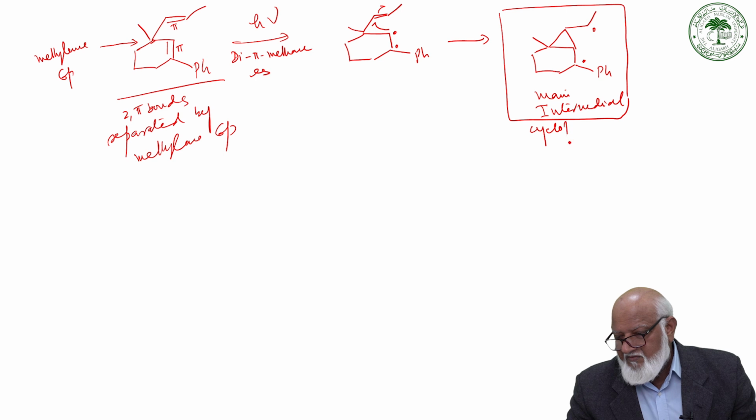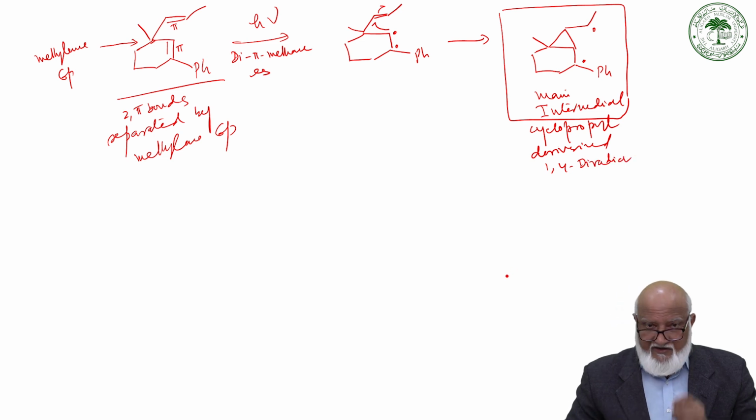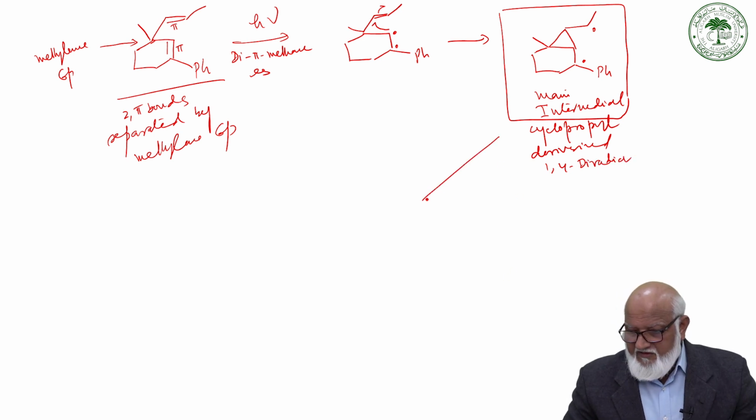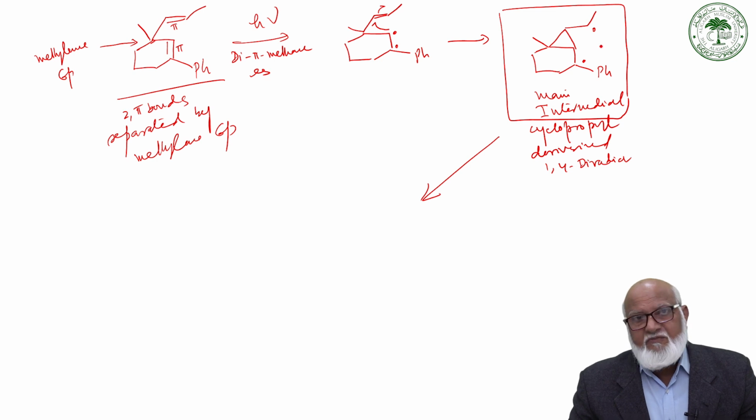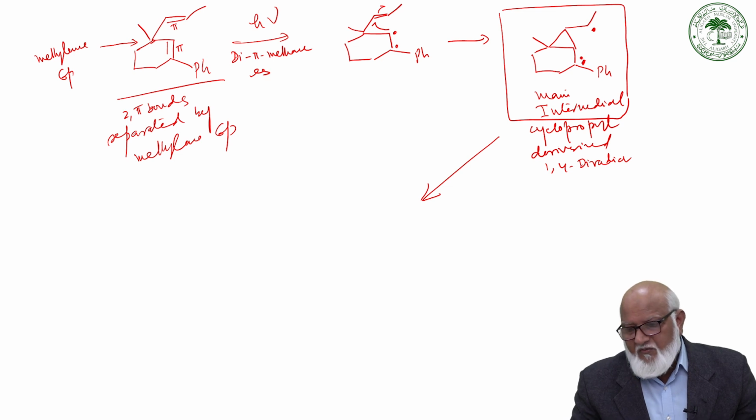The cyclopropyl derived 1,4 diradical is the main intermediate which leads to the product. Now there is a possibility of the formation of a double bond and opening.